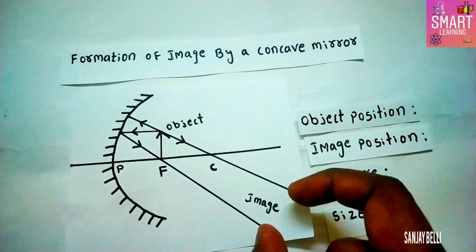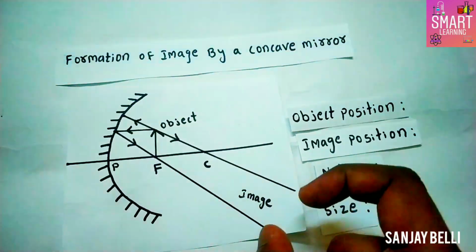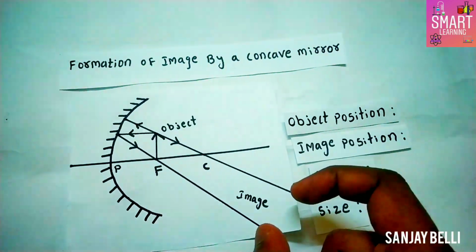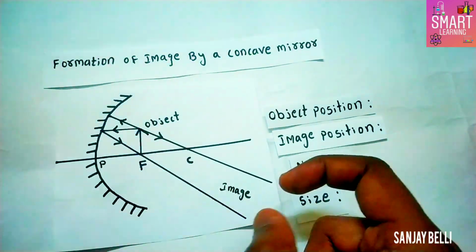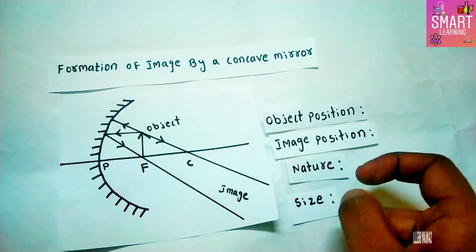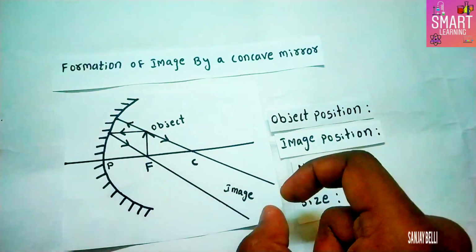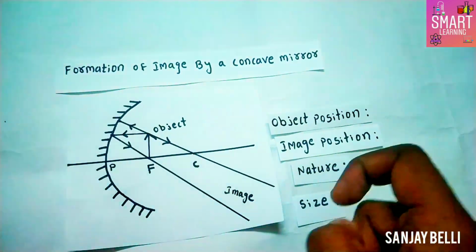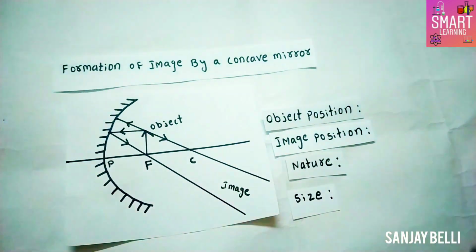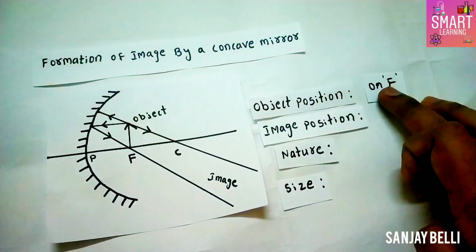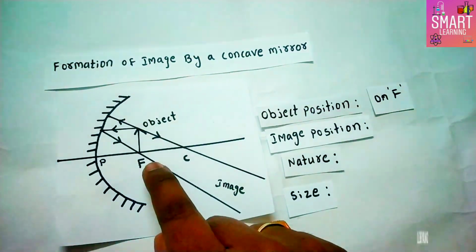Here you can see the reflected rays are not intersecting. The reflected rays will intersect far away, that means at infinity. If you place an object on F, an image will be obtained at infinity. From this you can identify that the object is placed on the focal point F.